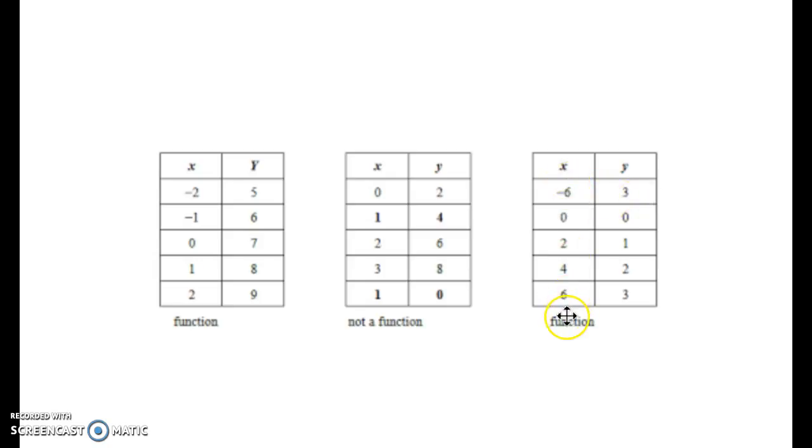You cannot repeat a domain value like this. I can't have 1 go in one time and get 4 and then put in the same number and get 0. But I can have 2 different numbers in my domain have the output of the same range value. So this is a function.